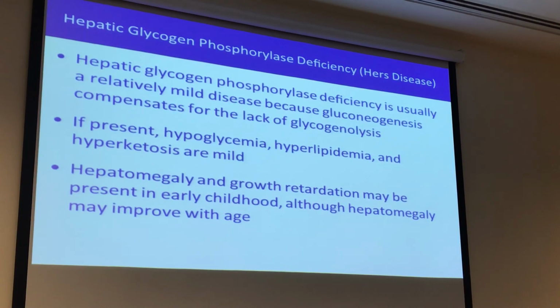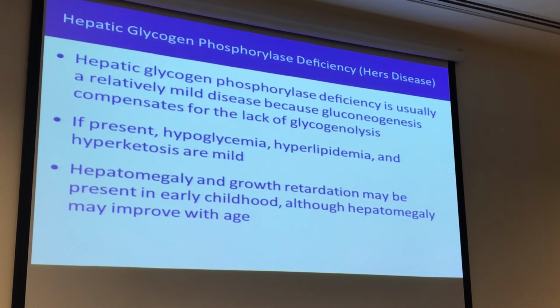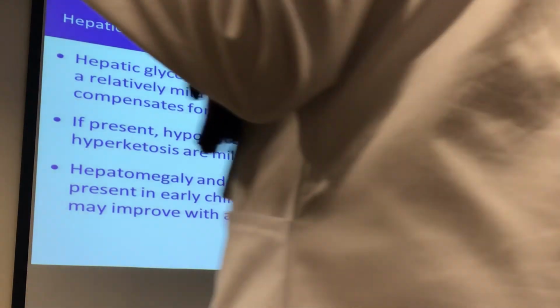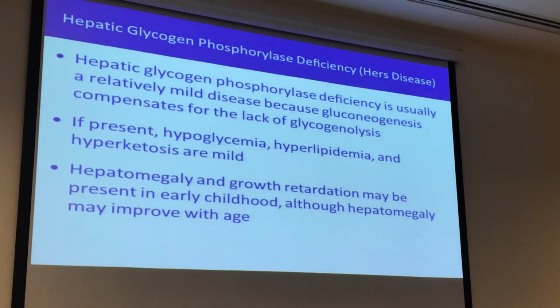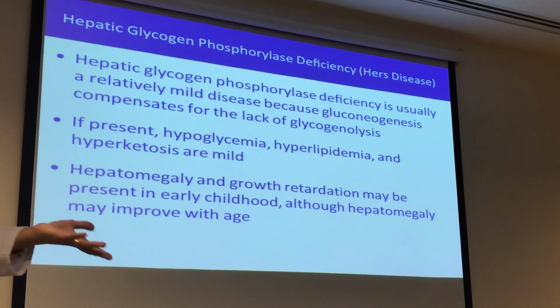That's why von Gierke has more severe hypoglycemia, because the liver cannot regulate the blood sugar by gluconeogenesis or by glycogenolysis. And in Hers disease, the problem is only with the phosphorylase. So we cannot use the stored glycogen, but we can use the gluconeogenesis sugar. We can regulate blood sugar by gluconeogenesis.